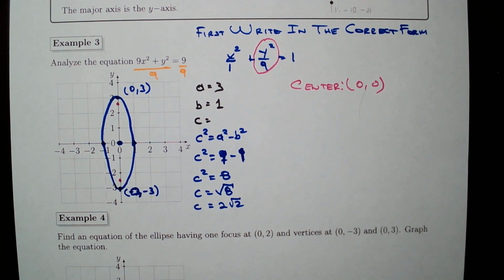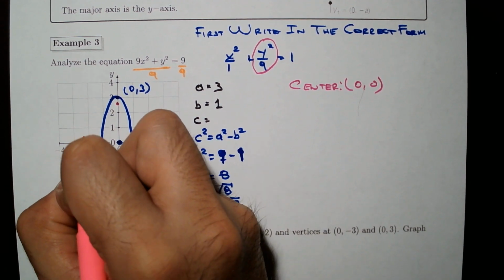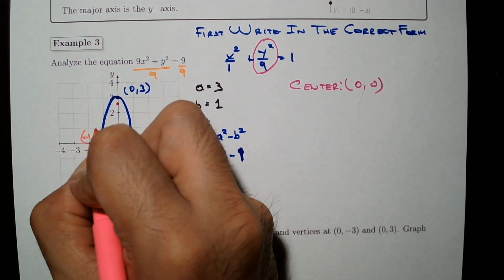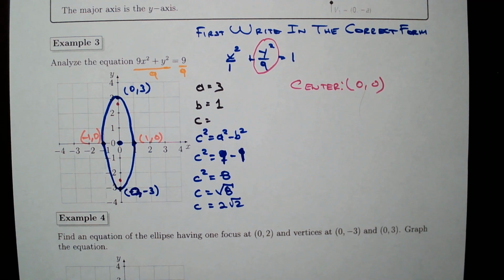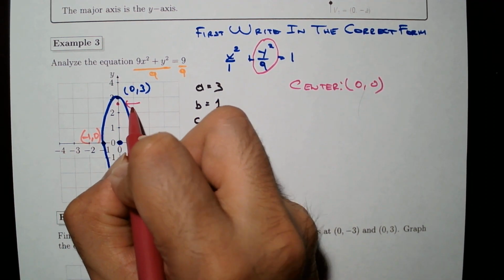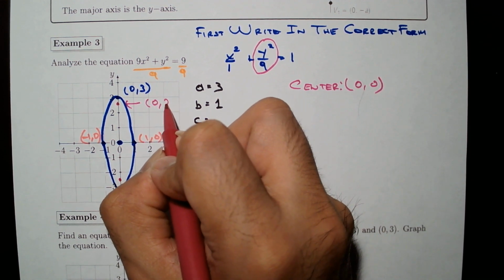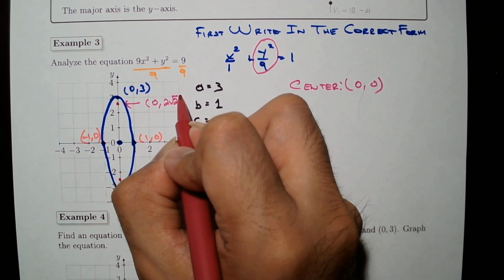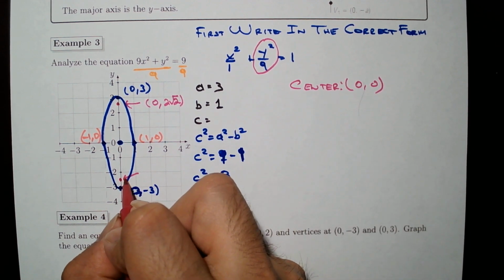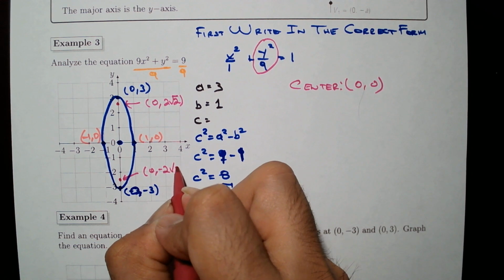The co-vertices are going to be 1, 0, and negative 1, 0. And the foci, one of the foci will be 0, 2 root of 2, and 0, negative 2 root of 2.